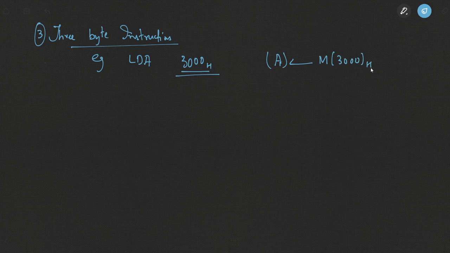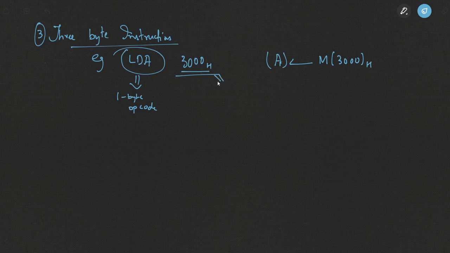3000 is not the data here, 3000 is the address. Again, LDA is an opcode, a single byte opcode. Now this 3000H is not an 8-bit number, it will have a 16-bit binary equivalent.